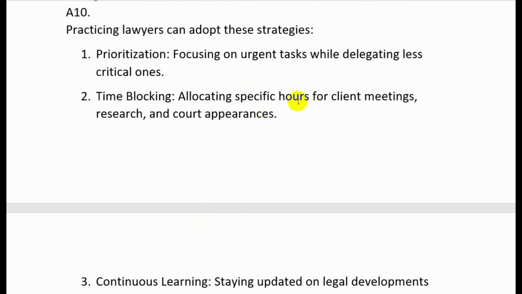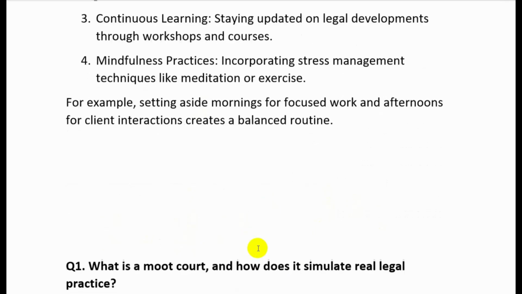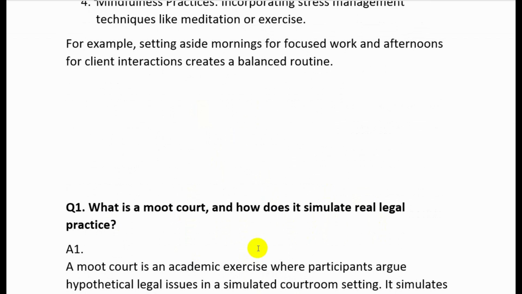Time blocking, allocating specific hours for client meetings, research, and court appearances. Continuous learning, staying updated on legal developments through workshops and courses. Mindfulness practices, incorporating stress management techniques like meditation or exercise. For example, setting aside mornings for focused work and afternoons for client interactions creates a balanced routine.